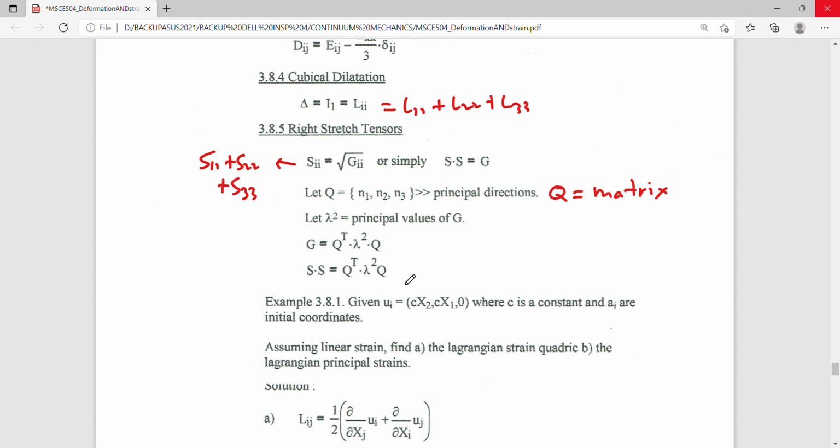So this is another way of measuring again the value of your linear strain tensor in terms of stretch components.